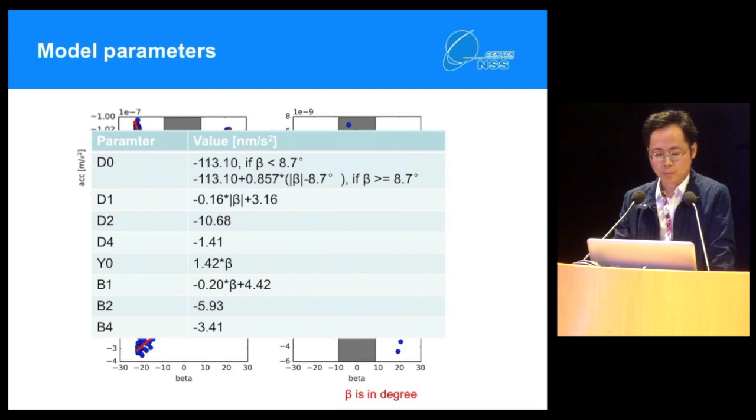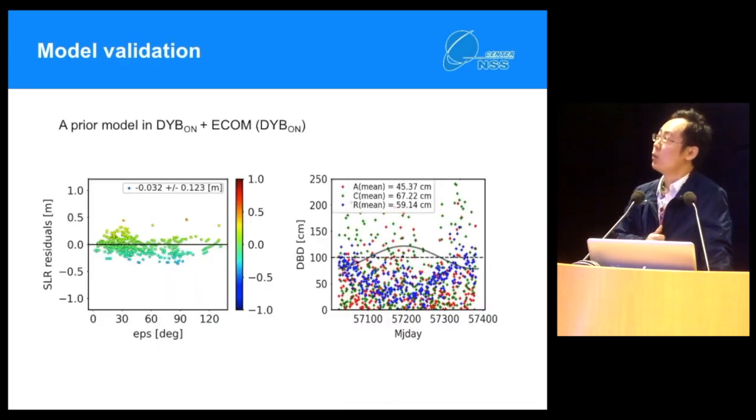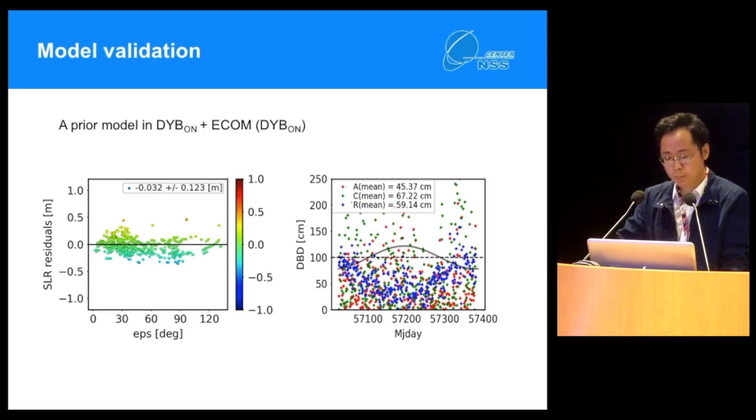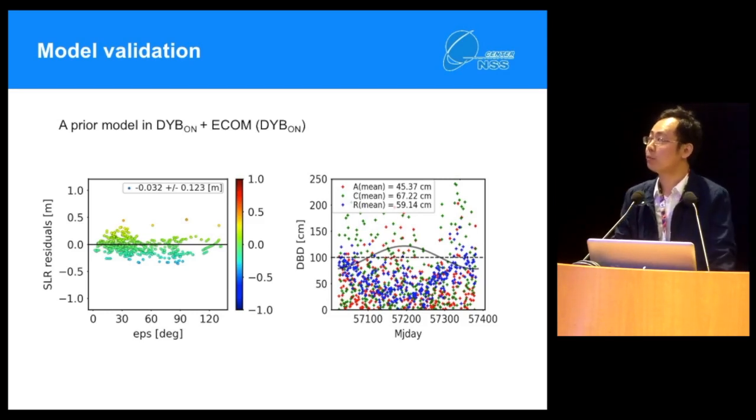This model is used as an a priori model and also cooperated with the ECOM model, and in the orbit determination we can obtain a good SLR validation result.